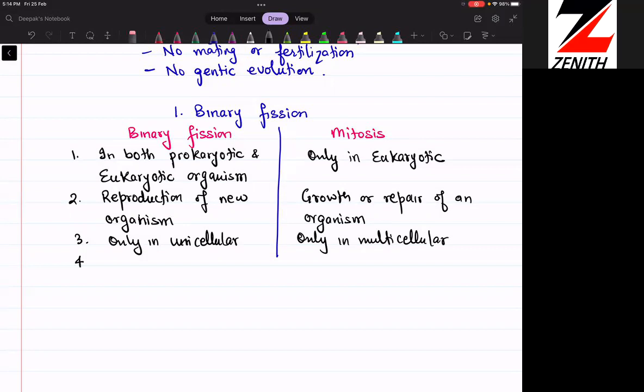In mitosis, we had seen that the spindles were getting formed. So spindles are involved in cell division. In binary fission, no spindles.